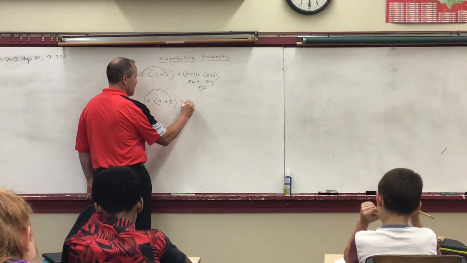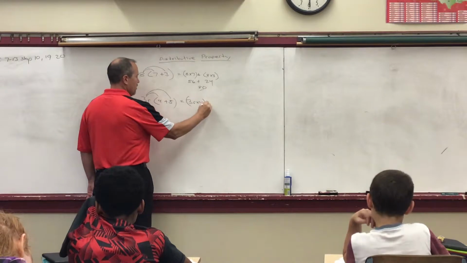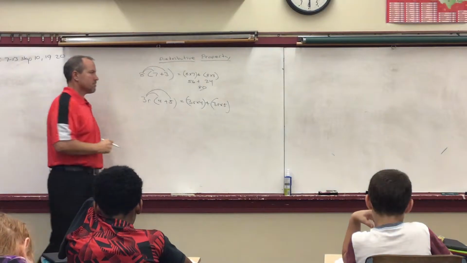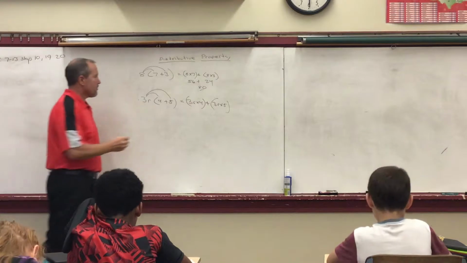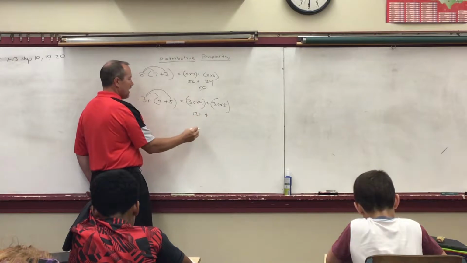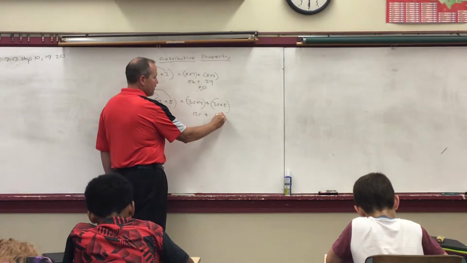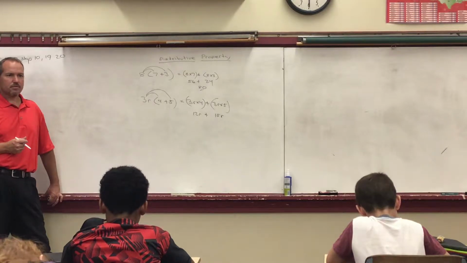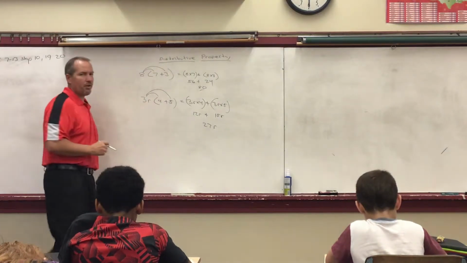So what ends up happening is we take 3r times 4 plus 3r times 5. Now when we do this, 3 times 4 is 12, so that gives us 12r, plus 3 times 5 is 15, so that gives us 15r. And now we can add these together, and this gives us 27r.